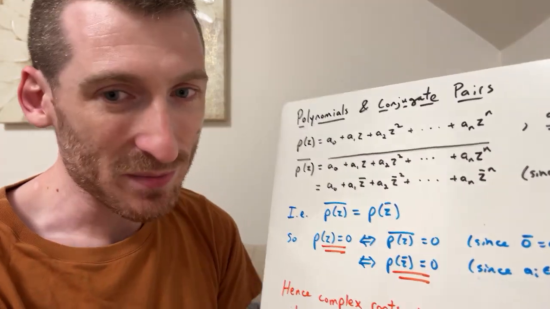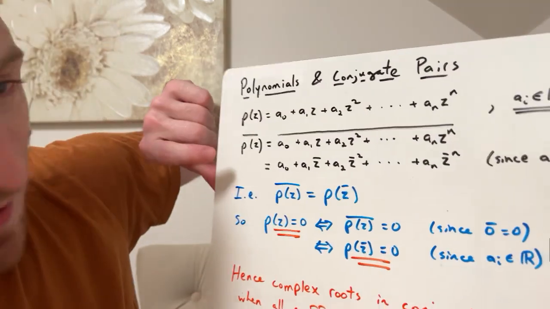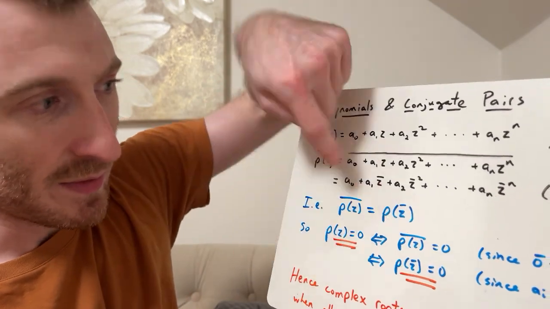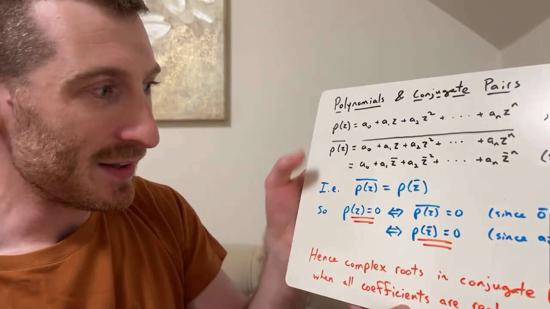That's it. So we just push this into all the z's. And what that means then is that the conjugate, p of z all bar, that's just p of z bar, because it's just the same z's, but they're all barred.